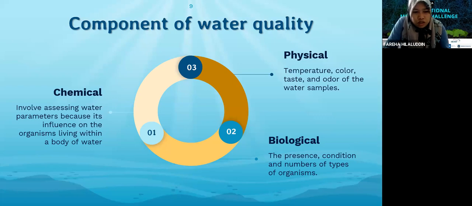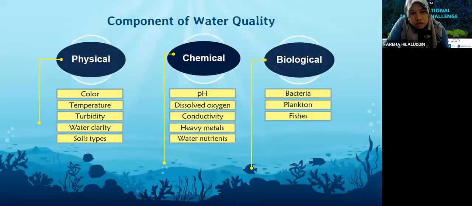Water parameters, for example, dissolved oxygen, carbon dioxide, pH, and so on. And biological, the presence, condition, and numbers of types of organisms, are examples of the components of water quality.